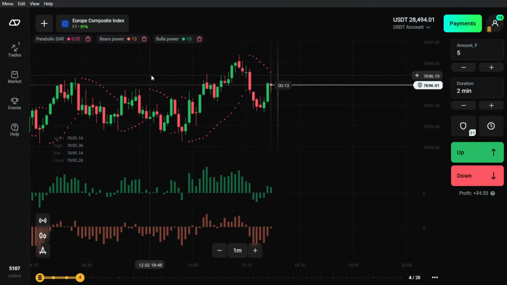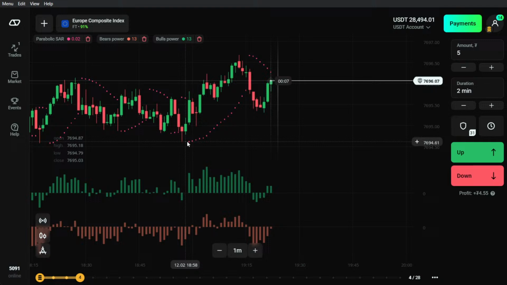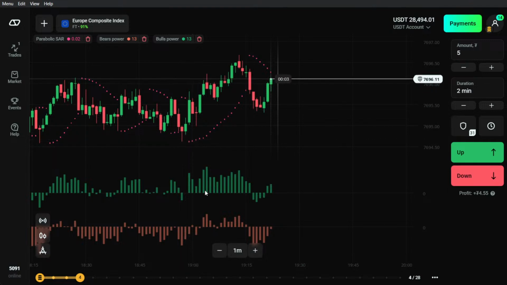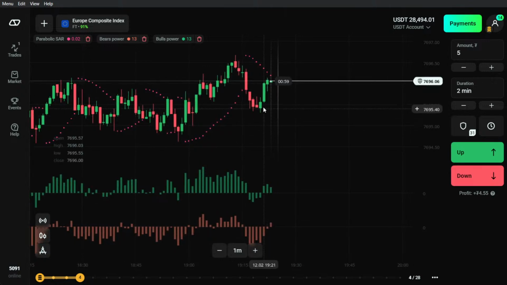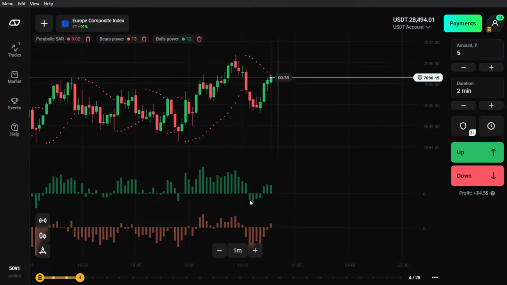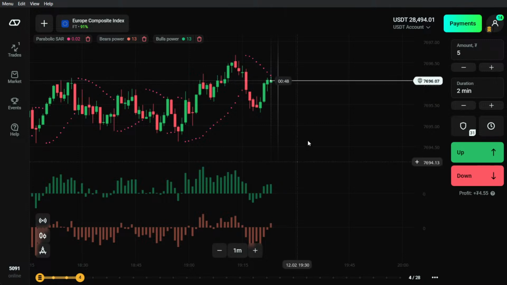Summary, yes, for sure. We are learning the confrontation strategy, which has parabolic, bulls power and bear power. If the parabolic is below the candle, the color of the candle is green, and the bull power is above the zero line, you make an uptrend. If the parabolic is above the candle, the color of the candle is red, and the bear power is below the zero line, even the bull power gets below the zero line, you make a 2 to 3 minutes down trade.